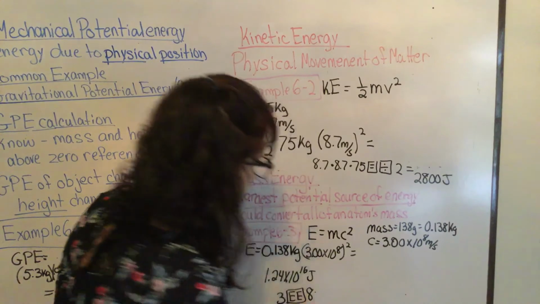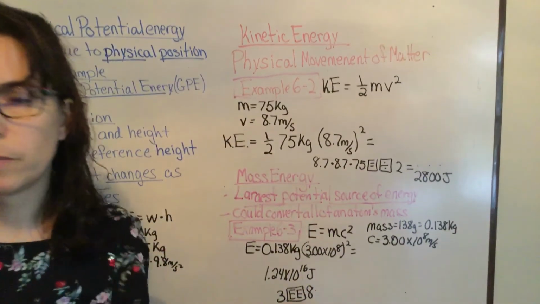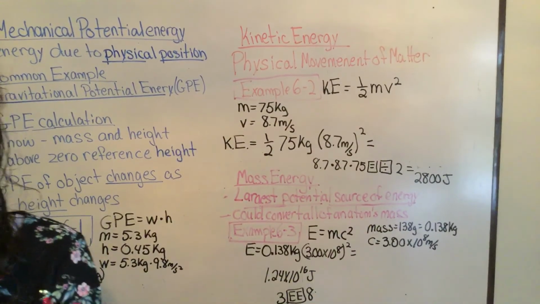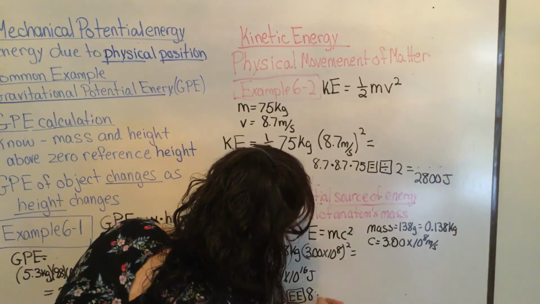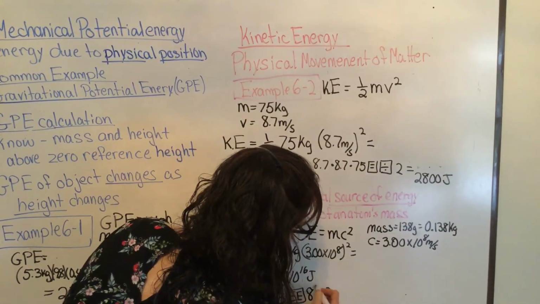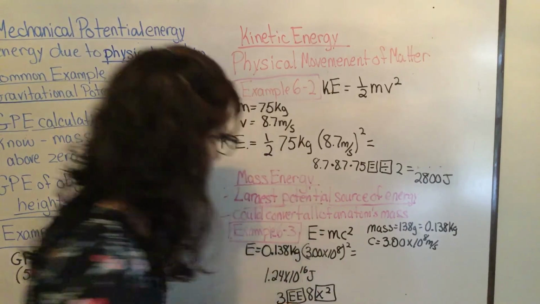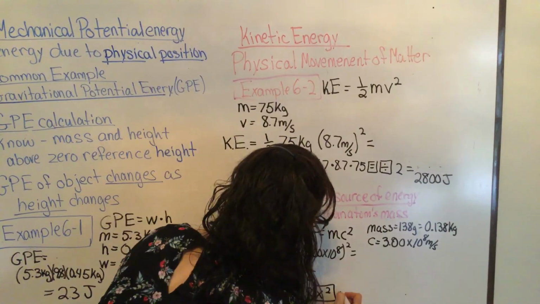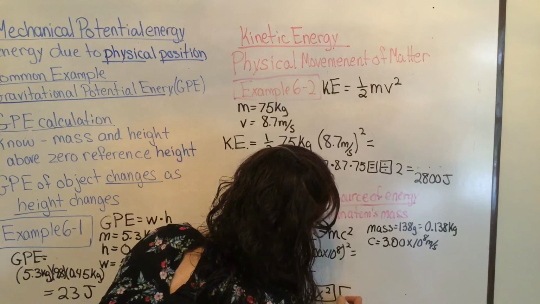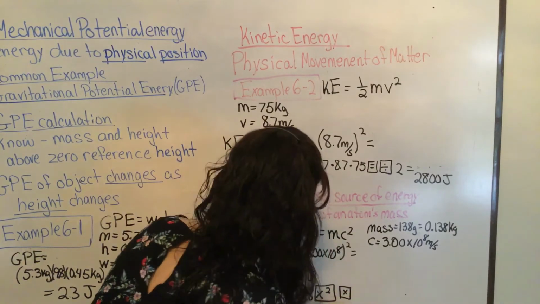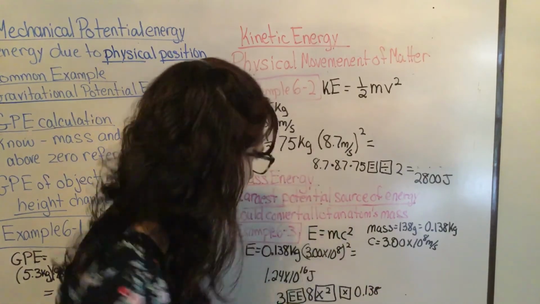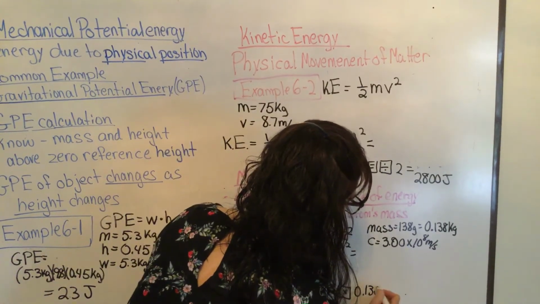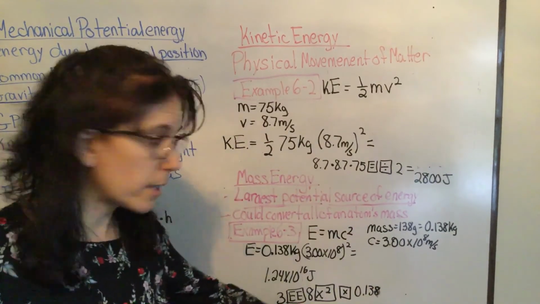Multiply that twice or hit squared. There should be an x squared button on your calculator. So 3 double E x squared will be your next button. Then times 0.138. So that's how you would use the calculator to get it.